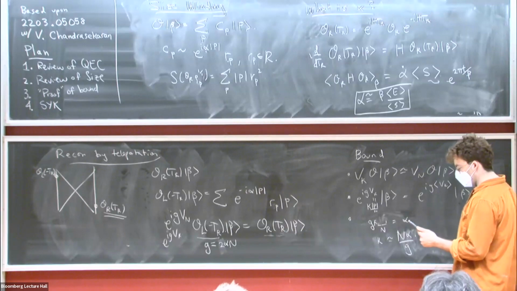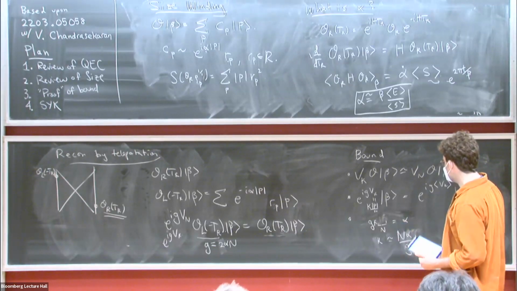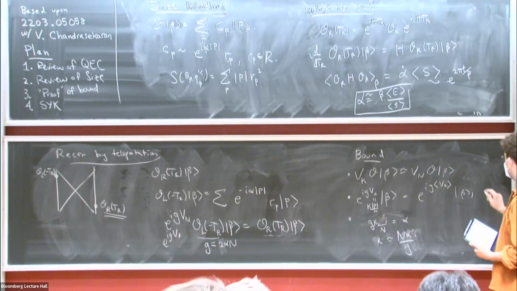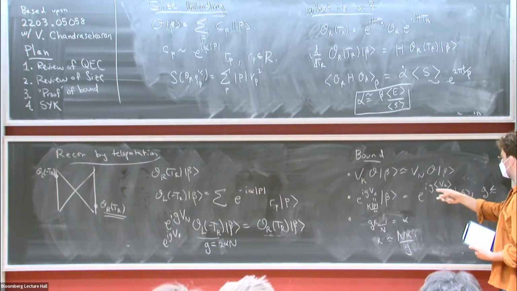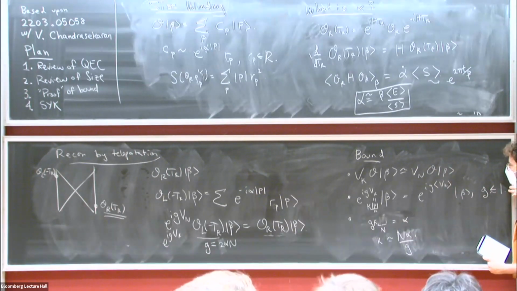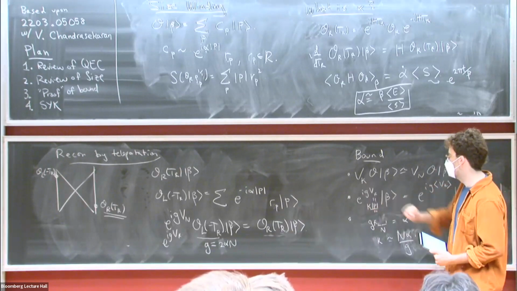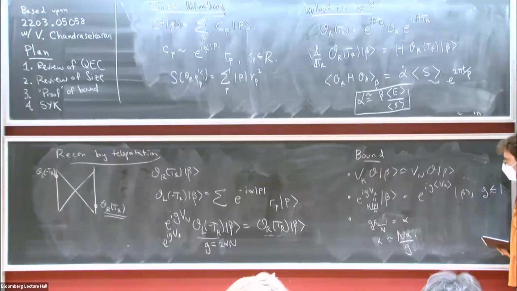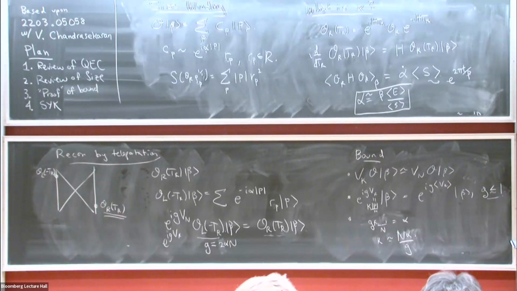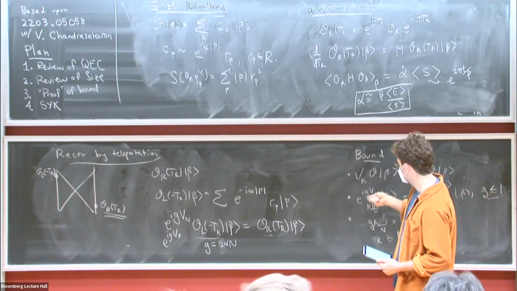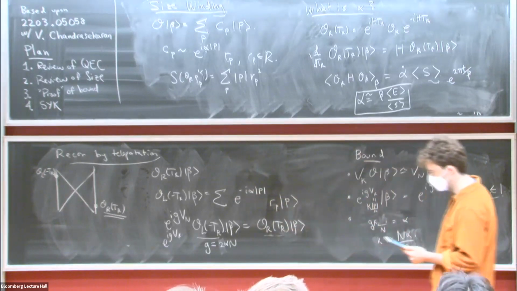And so what we find is that in order for this to be true, well, in large N systems like SYK, G can't be too big. If I make G really big, then I get backreaction. The way to see that is just to compute the expectation value of this unitary in the beta state and demand that it be a pure phase. And the only way to do that is if G is not too large. A way of thinking about that is if G is really big, when I turn on this size operator, I'll throw in a huge amount of energy in the bulk and it'll backreact.